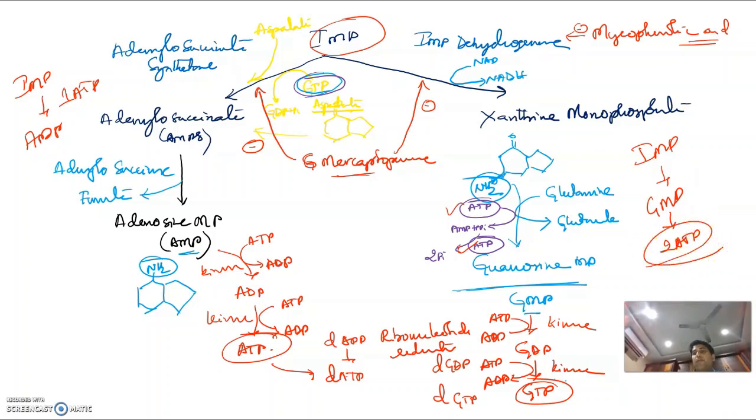So total of 9 ATPs for formation of GMP and 8 ATPs for AMP formation. That is a huge amount of energy. Just remember, this is only for one nucleotide. We require 8 and 9 ATPs. Imagine for the entire DNA, for the cell to replicate, how much energy is required.